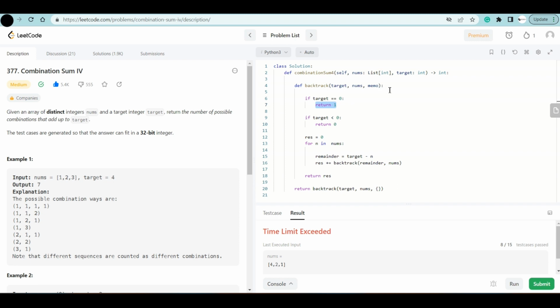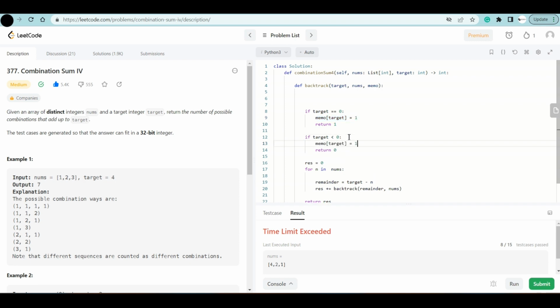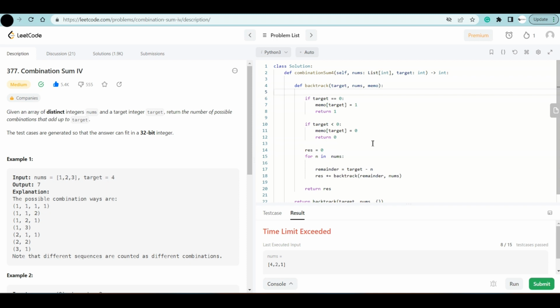So for instance, you say memo of target equals the result. On every return statement, I just want to cache the results.